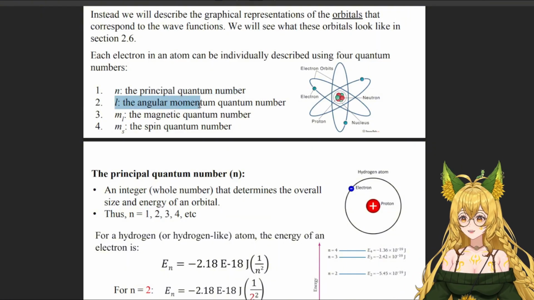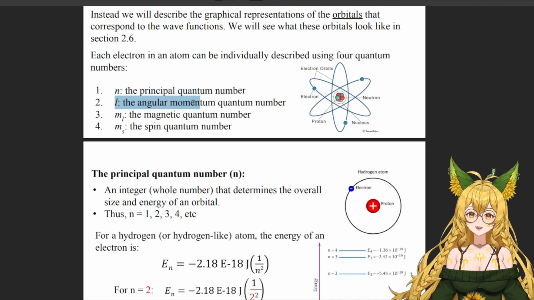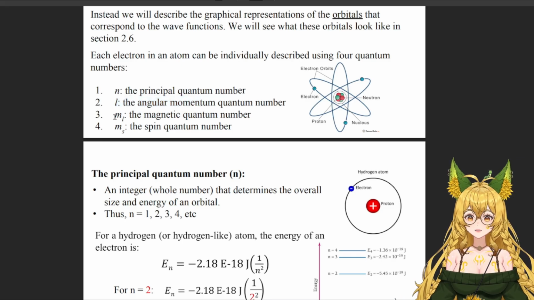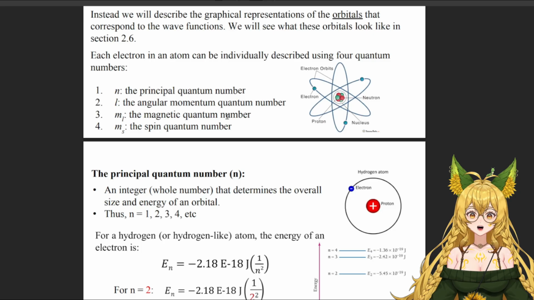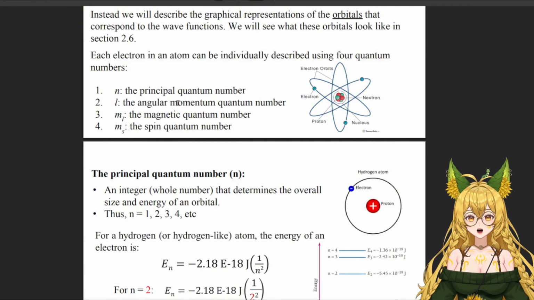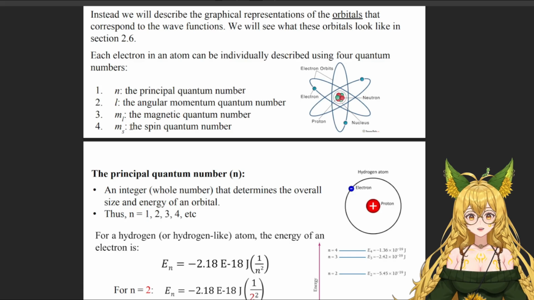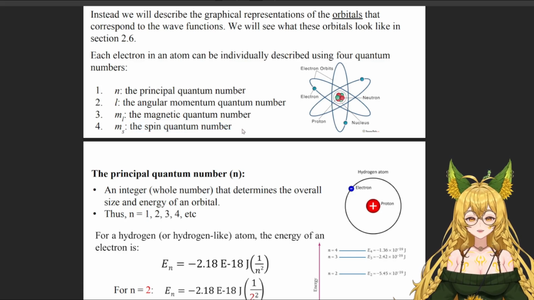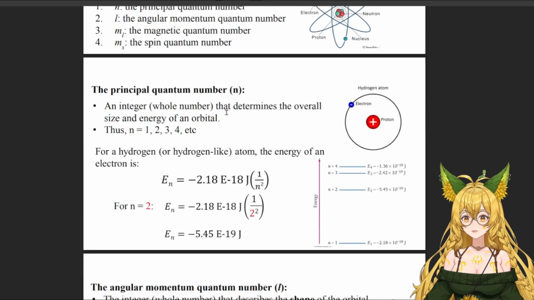We got l, the angular momentum quantum number, or basically what type of orbital it is. Then we got m sub l, the magnetic quantum number, which is going to additionally describe a little bit more about that orbital. And then we got ms, the spin quantum number, which is just saying, is an electron spinning up or is it spinning down? And we'll explain that more later.